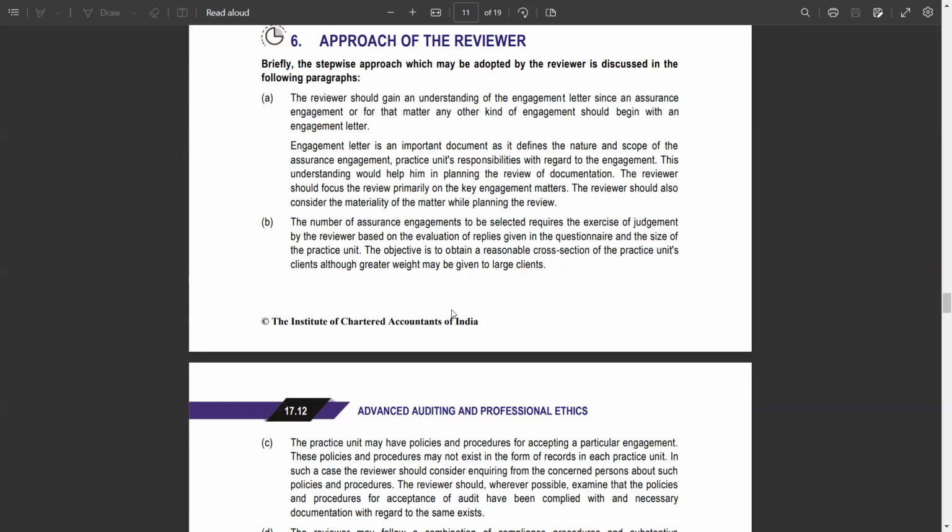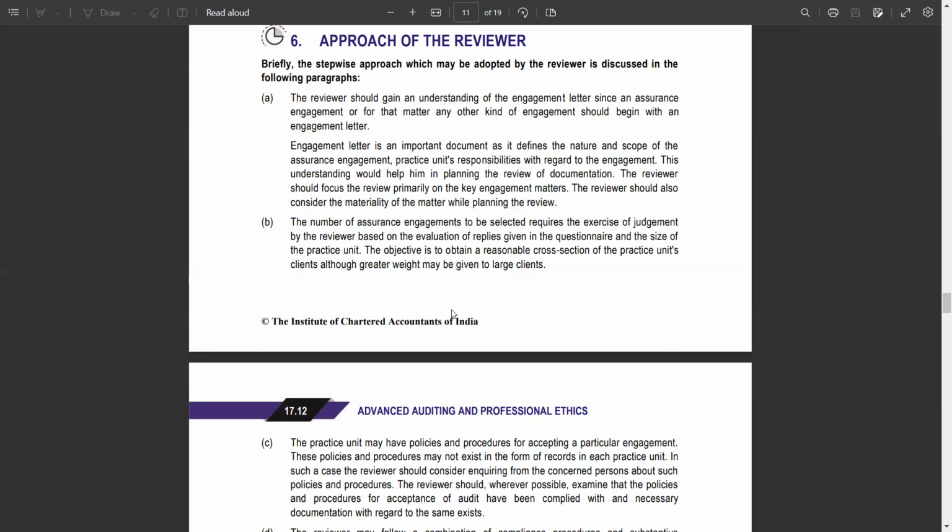The second thing, when you have identified that this was an assurance engagement, is to identify how many assurance engagements are being done and which ones you are going to select out of the total assurance engagements performed by the practicing unit.